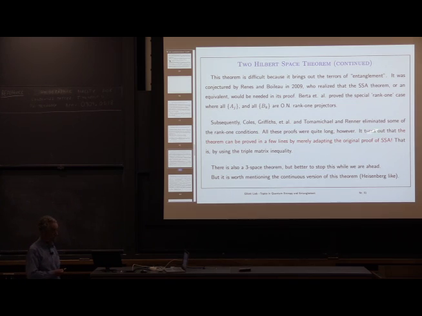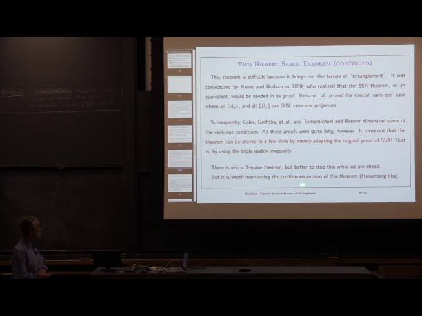All the proofs were very long. It turns out that the theorem can be proved in a few lines by merely adapting the original proof of SSA, that is, by using the triple matrix inequality. There's also a three-space theorem, but we better stop this while we are ahead.